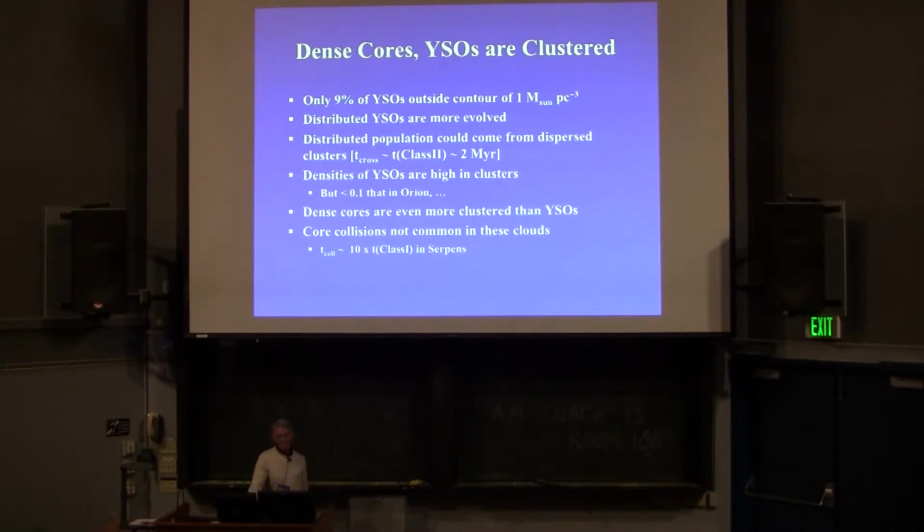And in these clouds, at least, you can say that the core collisions are not very common. The collision time would be about 10 times the lifetime of class 1, for example, in one of the denser regions that we look at. Now, that may not be true when you get to Orion, but in these regions, these things could well evolve in isolation.